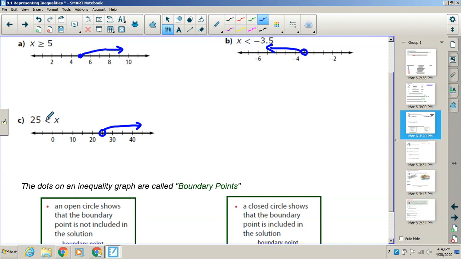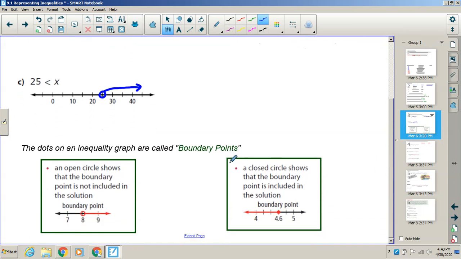Some people like to say 25 is less than x, which you can. I just always find it's easier to read from the variable: x is greater than 25. That's any value not including 25 and bigger. Okay, so that's graphing inequalities. Again, all it is is a number line.